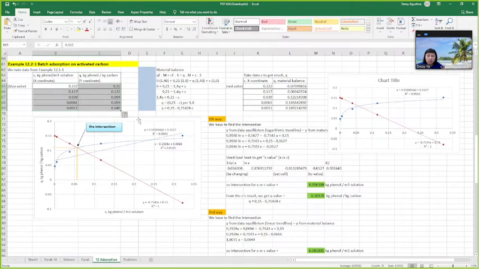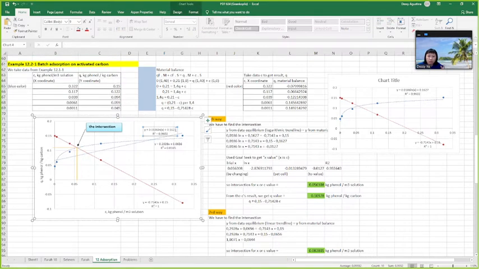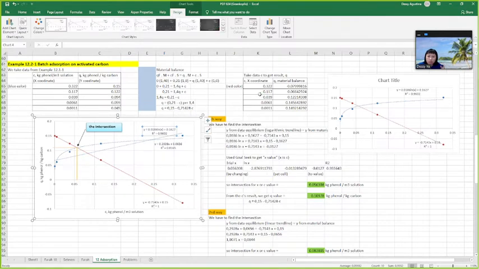Then I will put this equation from the trend line here, and this equation from the red color line here.